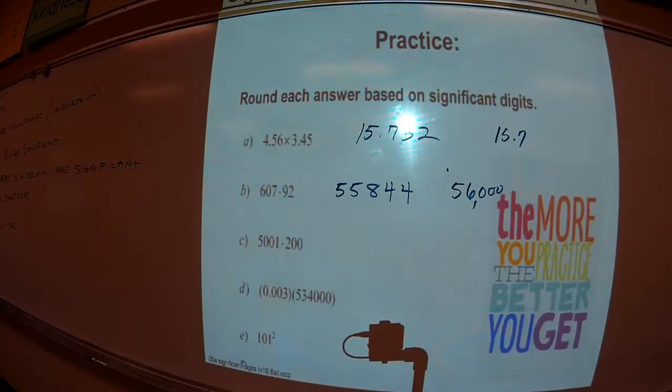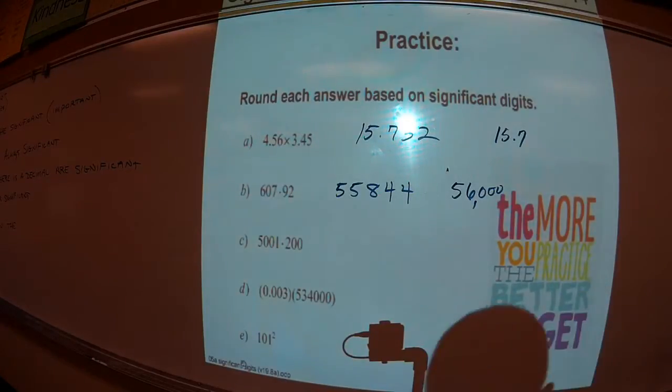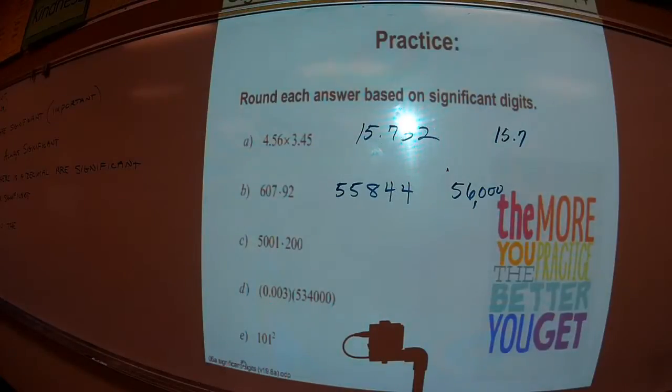How many sig figs do you have there? On the whiteboard, how many did you show? That's 2. How many sig figs are you showing me right now? So let's do the multiplication.